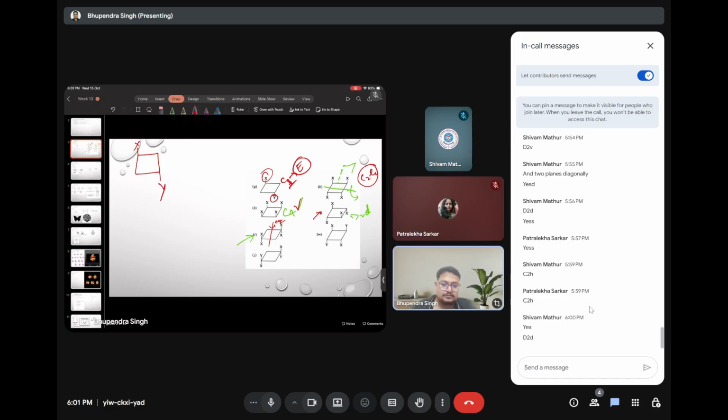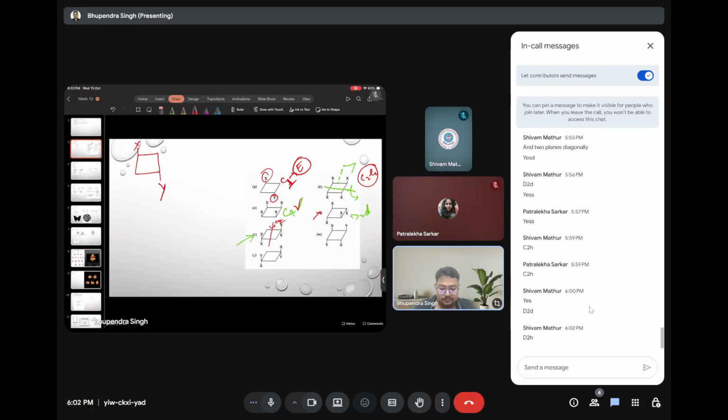See, these molecules were looking very simple, like just cyclobutane with substitutions at few positions, one, two, three, four positions.